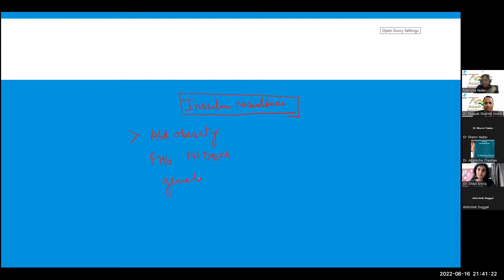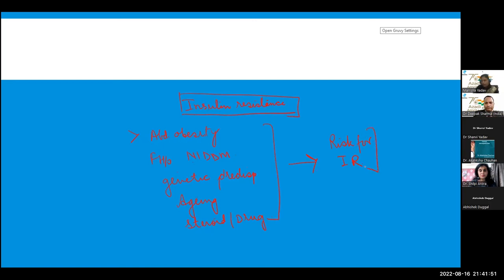If there is some genetic predisposition. Certain aging factors will lead to insulin resistance. Certain drugs, like steroids, can lead to insulin resistance. They all are the risk factors for insulin resistance.